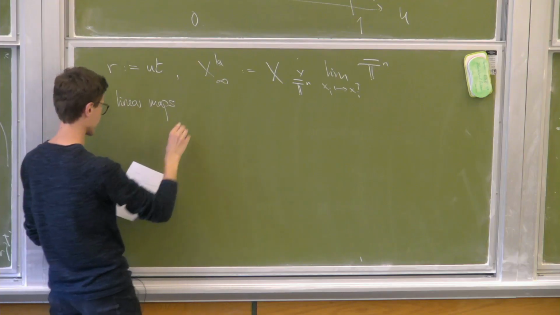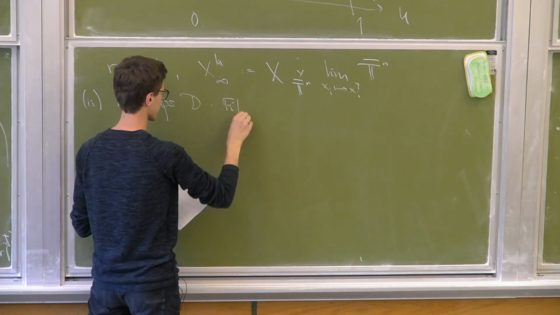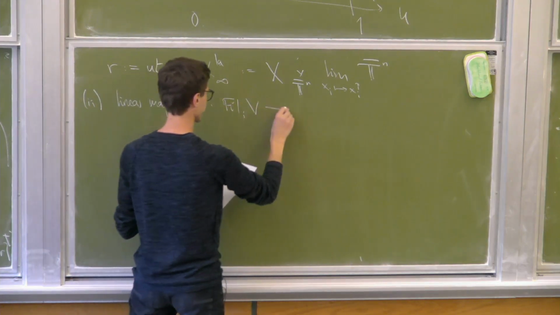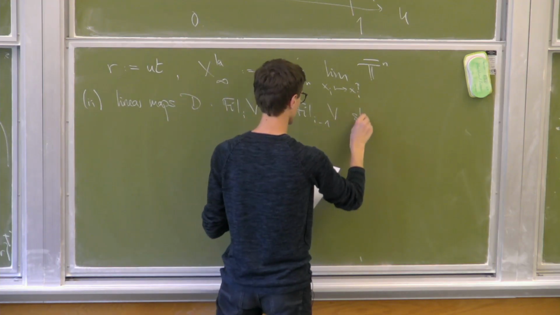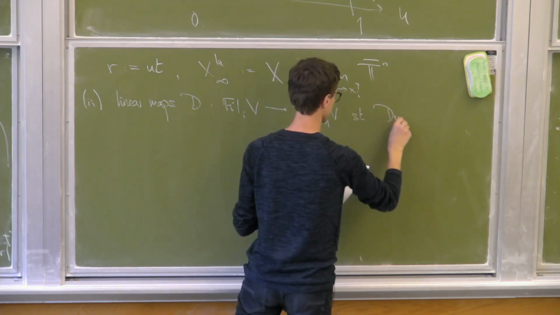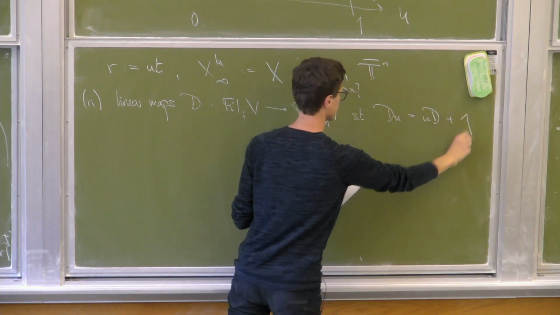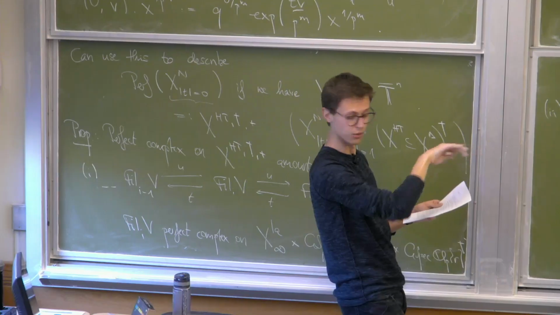I want linear maps D from Fil^i to Fil^(i-1), which satisfy dU = Ud + 1. So it's like a derivation in the U direction.